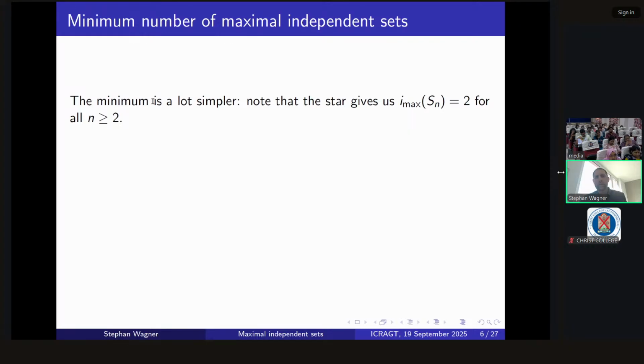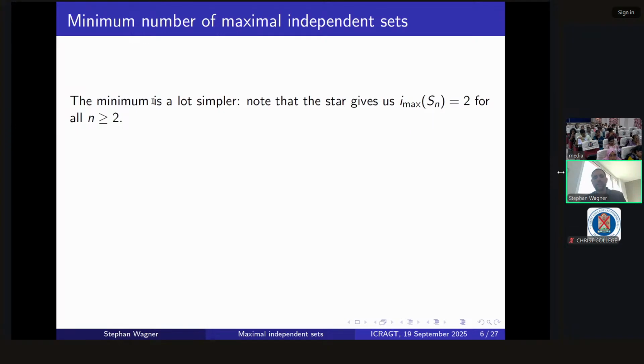And it's not too hard to convince yourself that if a graph has no isolated vertices, then it must have at least 2 maximal independent sets, because you can take any 2 adjacent vertices, start from one of the 2 vertices and extend until you have a maximal independent set. So the minimum is somewhat trivial.